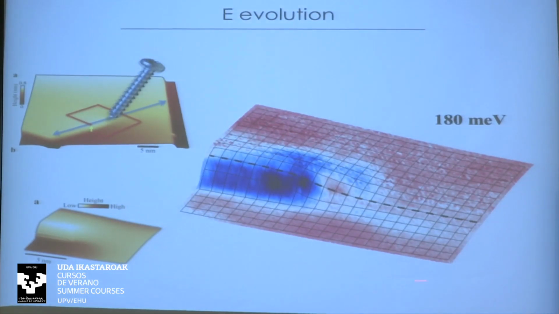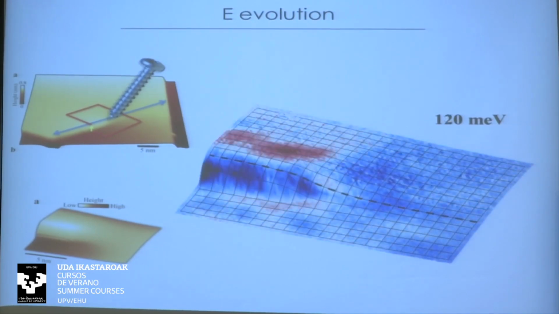This is a really zoomed-in image around the screw dislocation. Its scale is about 5 nanometers, so about 10 atoms around the screw dislocation on either side. And what you should see is that there is a mode that runs all the way down to the screw dislocation. I'll run it again.